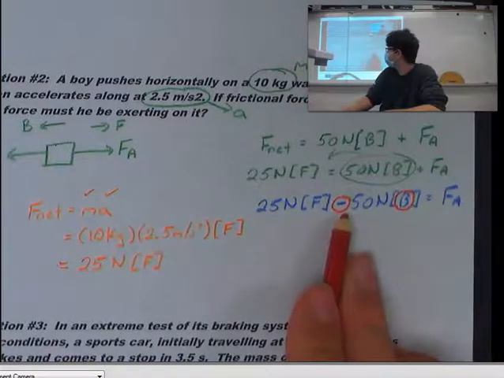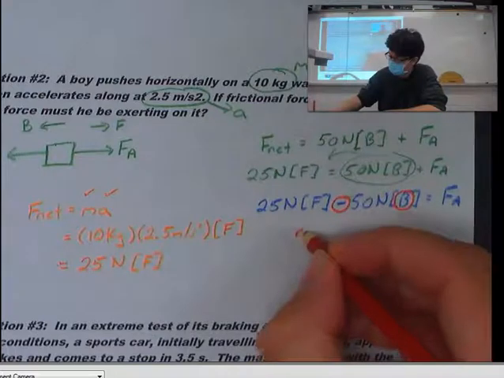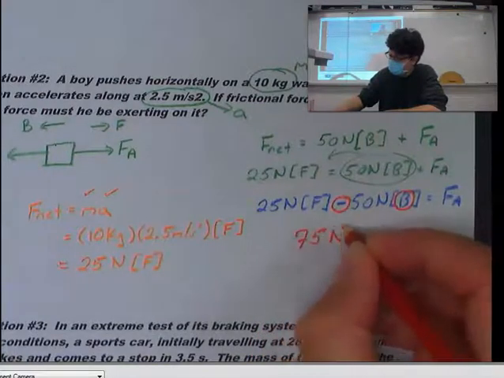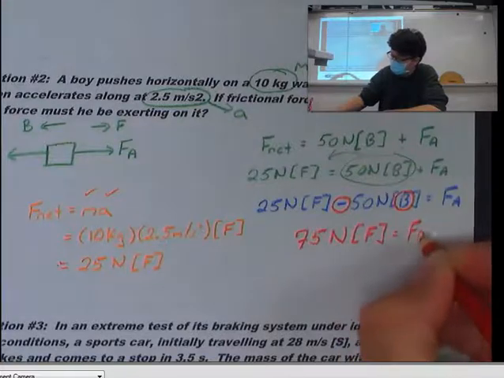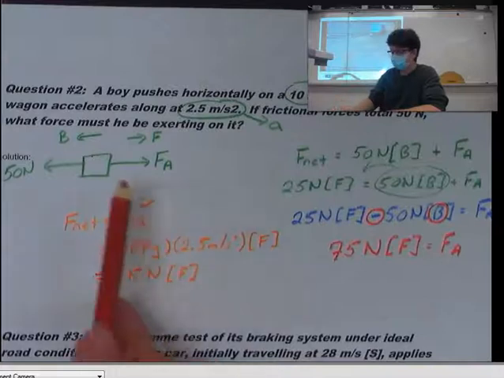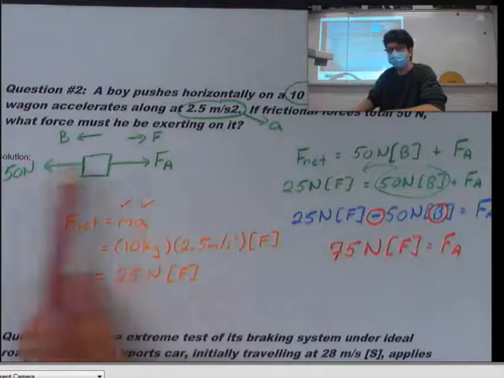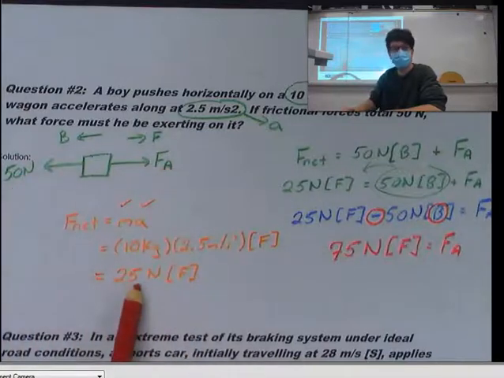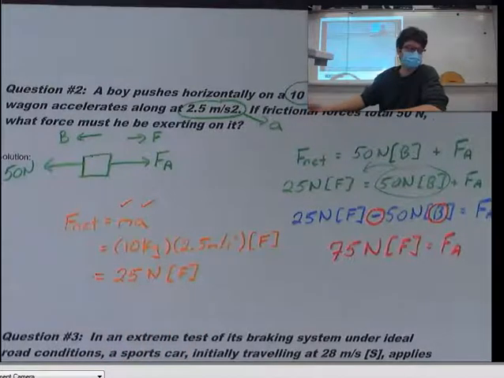So this is going to become positive. 25 plus 50 gives us 75 newtons forward equals Fa. And if we look at our free body diagram, if this is 75 and this is 50, the difference is 25, which is our net force. And that net force is what caused that acceleration.